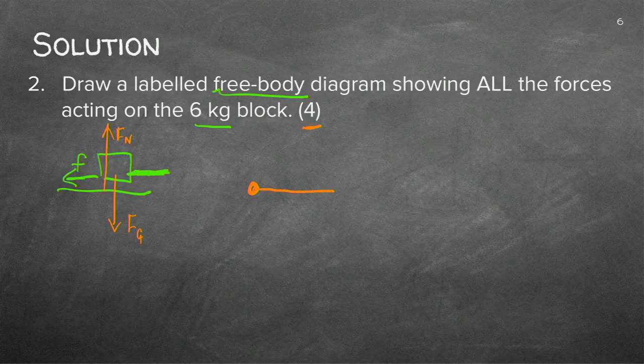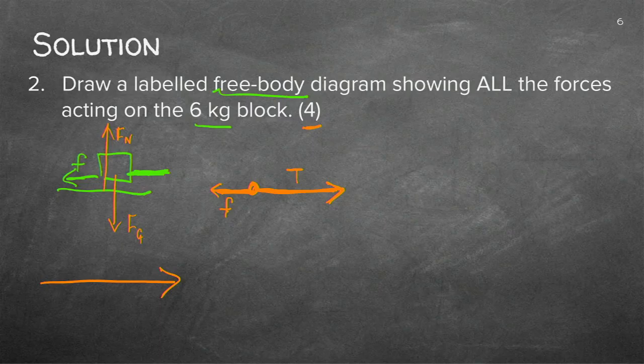I've got the tension that side. I've got the friction going that way. Guys, see, my tension's arrow is larger than the friction. Why is that the case? Because the whole system is going to the right. So this force must be greater than that one.